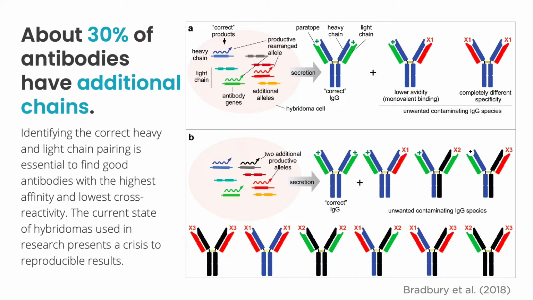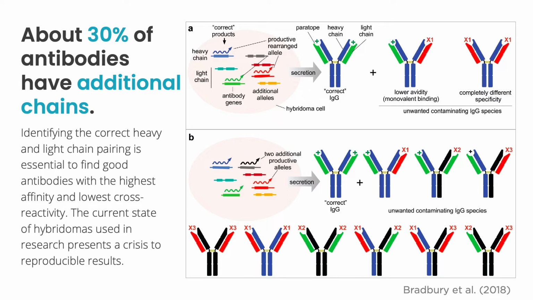So what we've got here, best case scenario, we might get some lower activity from the antibody that's a mixture, or no binding activity from the completely different specificity. But in the worst case scenario, we can start binding different targets altogether. And these are going to be completely random based off the pairings. And three variants may not sound so bad, but that's when we're talking about a single different chain.